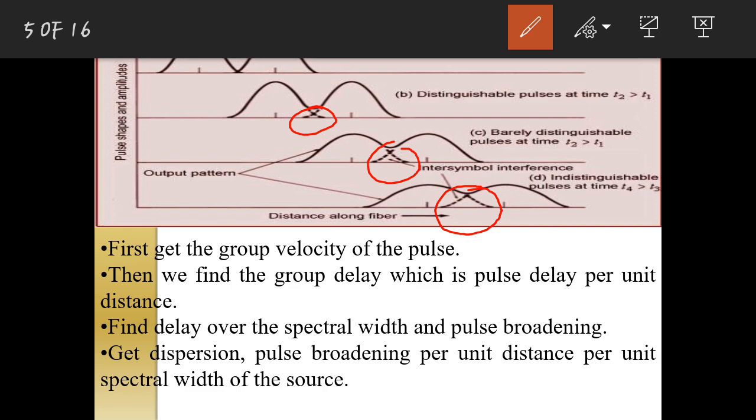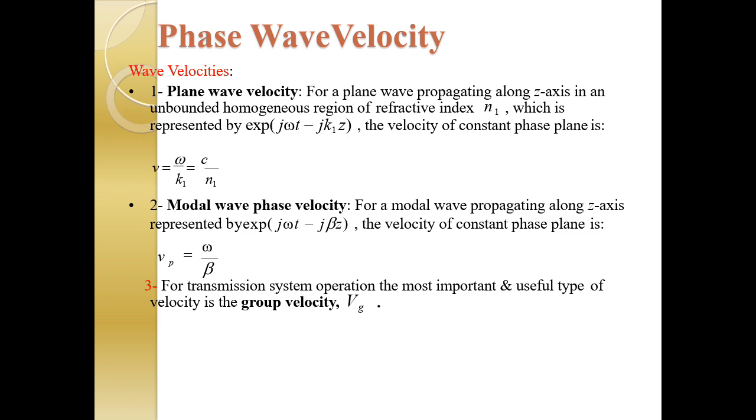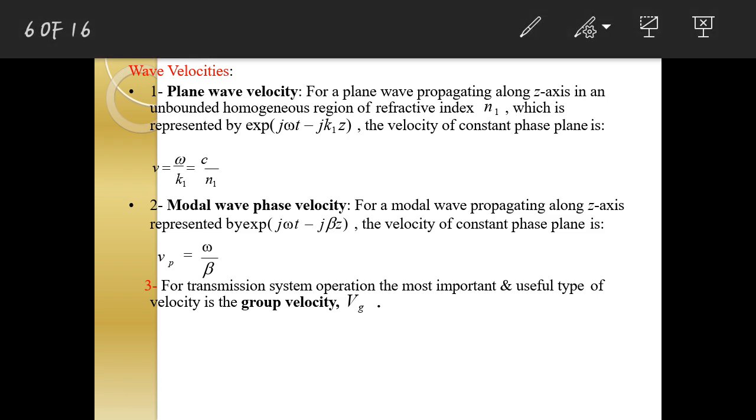So what are the parameters involved in the dispersion loss? The main parameters are group velocity and group delay calculation, which will produce some pulse broadening. Important parameters: phase velocity. The wave velocity can be with respect to two cases. One is for a cylindrical waveguide, the other for a plane waveguide.